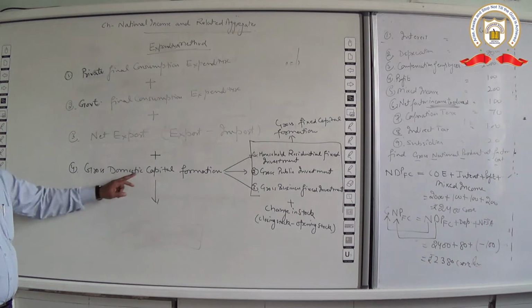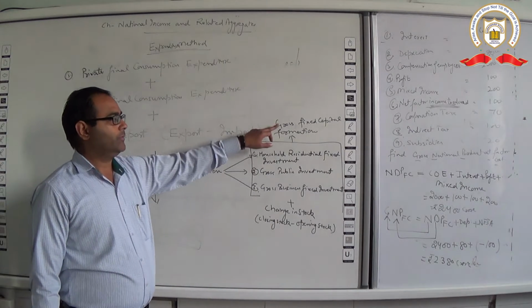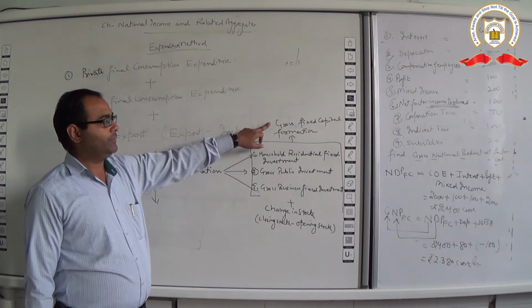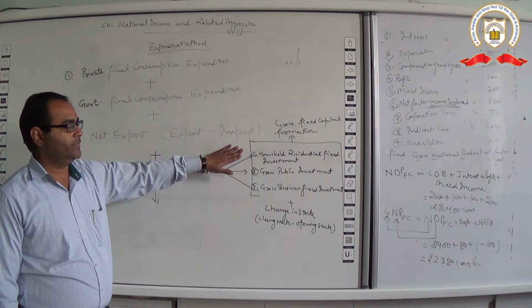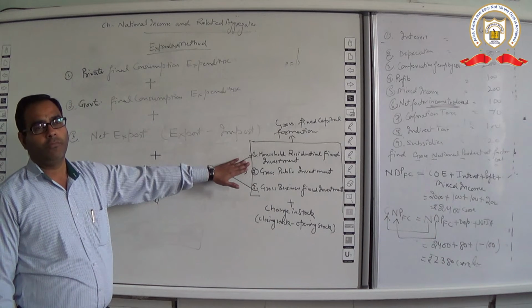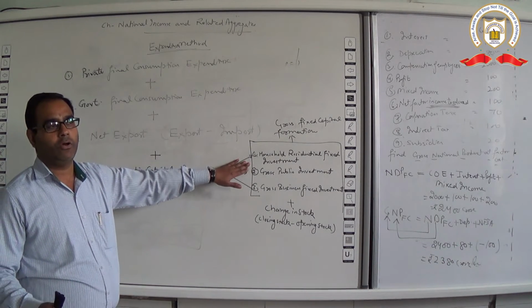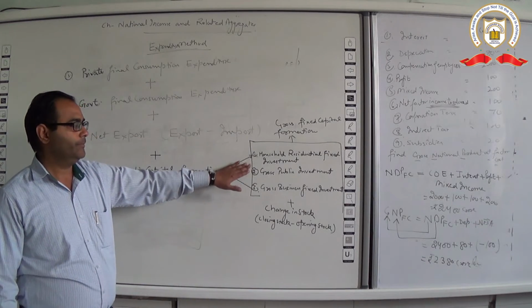Fourth, gross domestic capital formation, which includes gross fixed capital formation plus change in stock. Gross fixed capital formation includes household residential fixed investment, the expenses incurred by the household for construction of a new house or addition of a floor on their building.